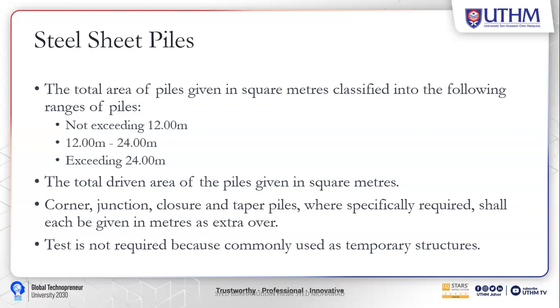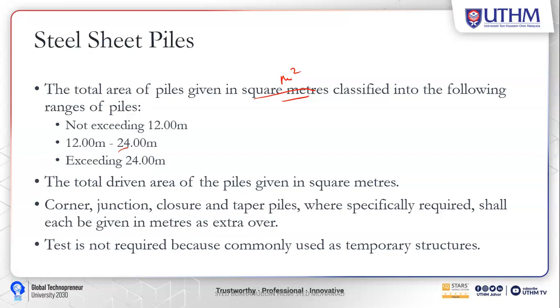For this steel sheet pile, the total area of pile is given in square meters, and it will be given to you in lengths not exceeding 12 meter, not exceeding 24 meter, and exceeding 24 meter.